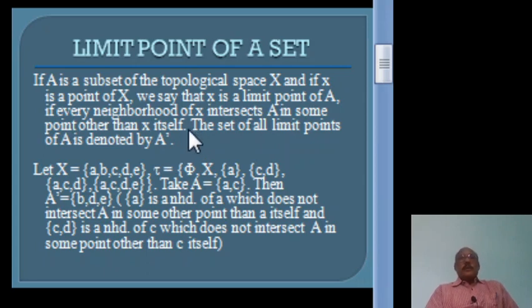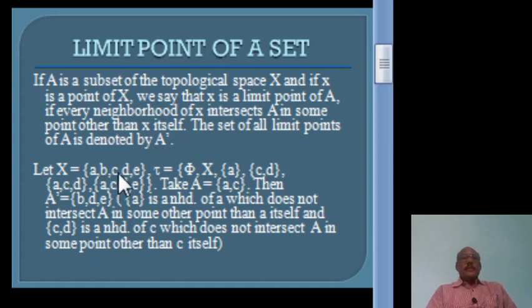So the first point is every neighborhood of X must intersect the set A. Not only that, it must intersect in some point other than X itself. Then we say that X is a limit point. And the set of all such limit points is denoted by A dash.